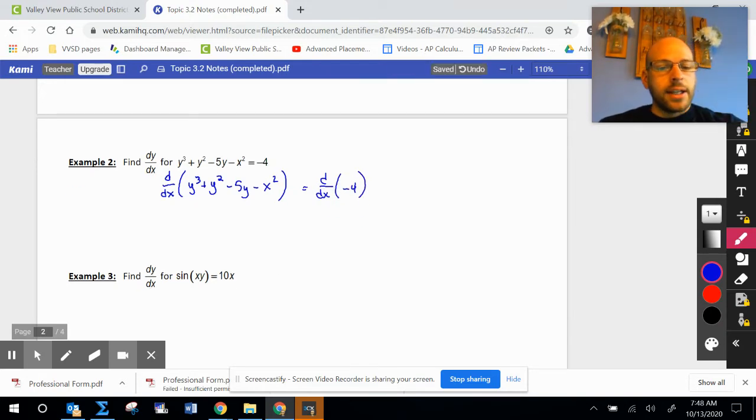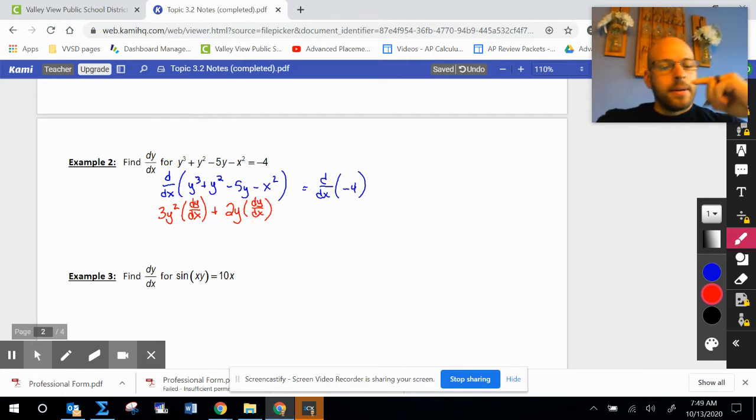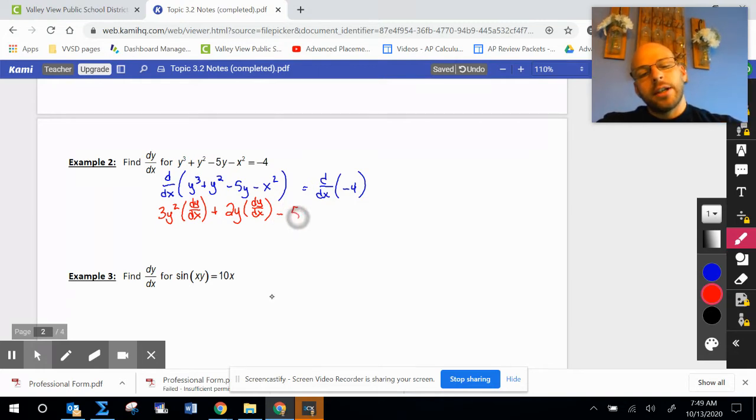Okay? So now if I take the derivative of a y cubed, I'm going to use a lot of sum and difference rule here. I'm going to drop the 3 down. Let me change colors. So 3y squared, but because it was a y, it gets a dy dx, plus, now the derivative of y squared, which is my next term, would be a 2y, again, gets a dy dx, and then the derivative of a negative 5y is a negative 5.